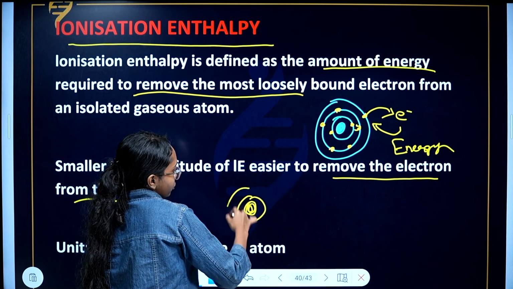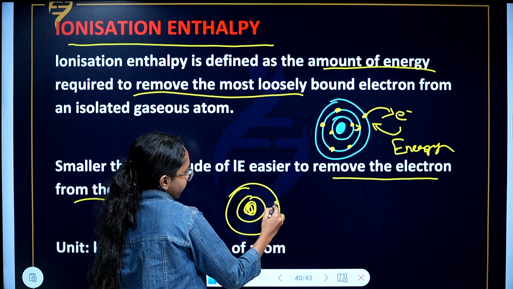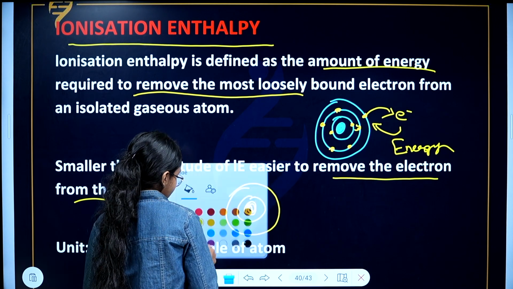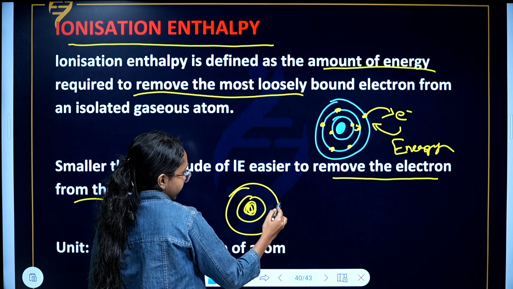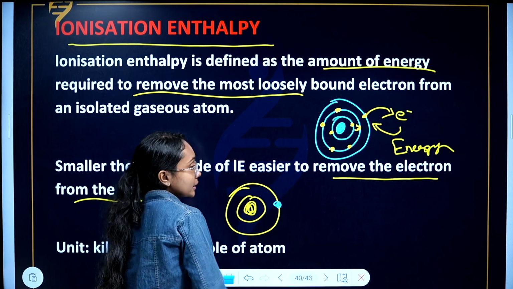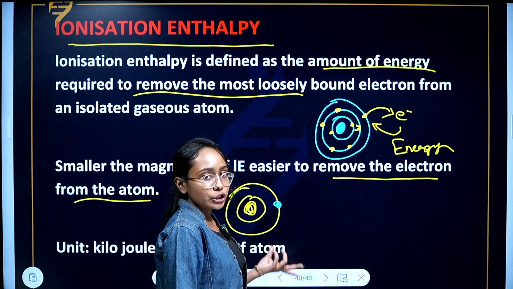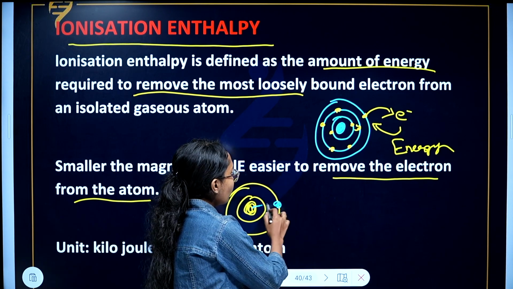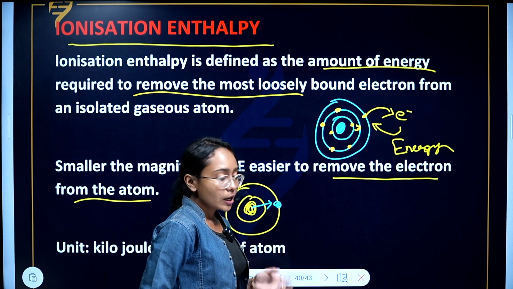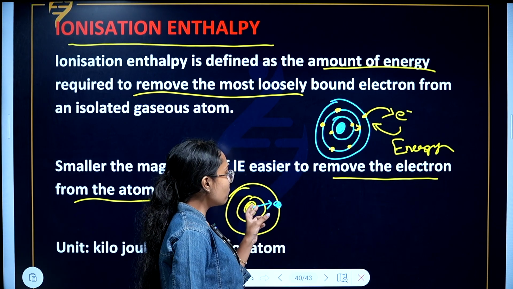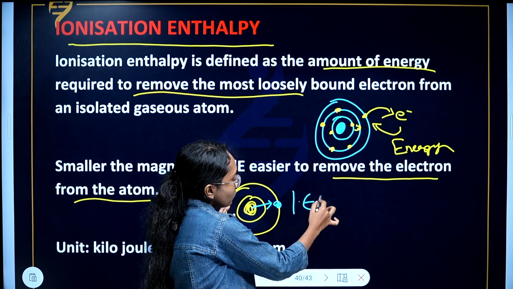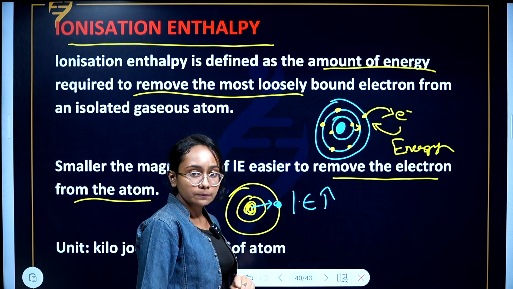As I have 2 shells only and I have an electron here, it is not easier to remove from the second shell, as the nuclear force of attraction will be very high. So when it is not easier to remove, I have to use more amount of ionization enthalpy.